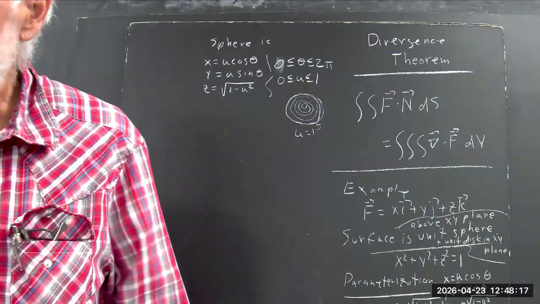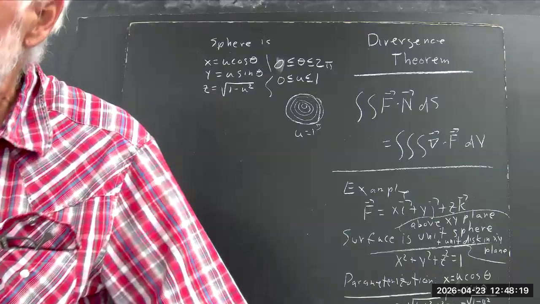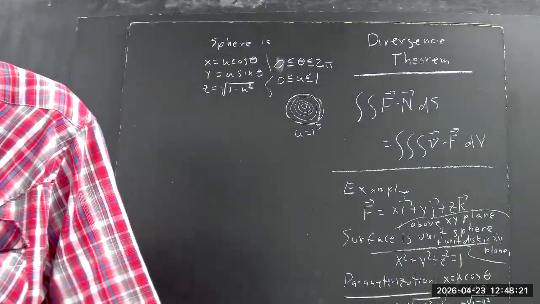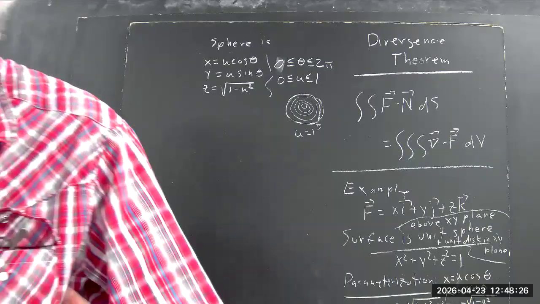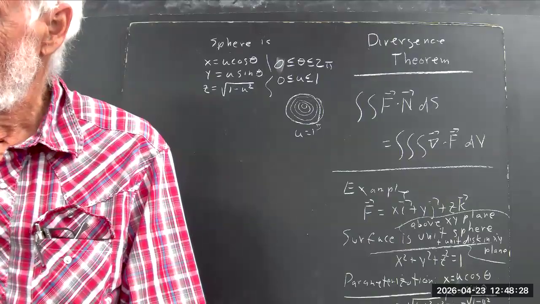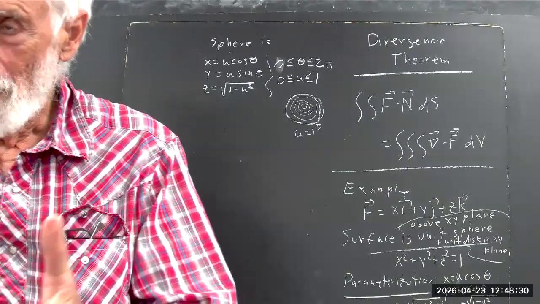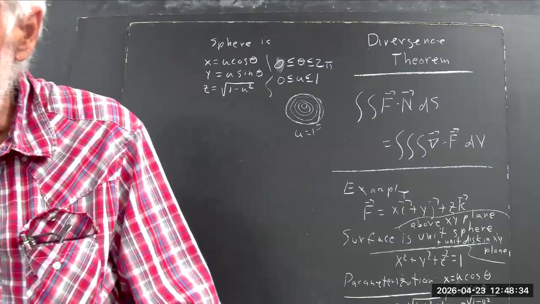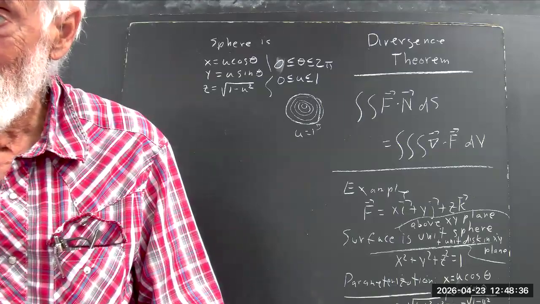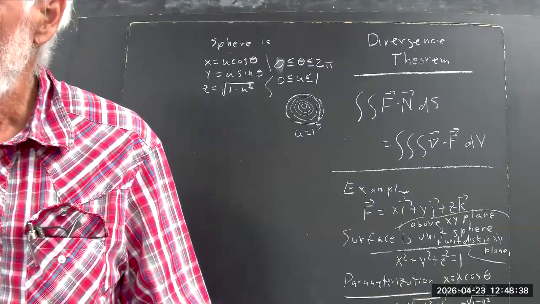That's the kind of thing you can use Stokes' theorem on if you've got an application. But it's not a surface bounding a volume. Now, if you put a cap on it, in other words, take the unit disk, which is everything inside that unit circle, then you have a closed surface.